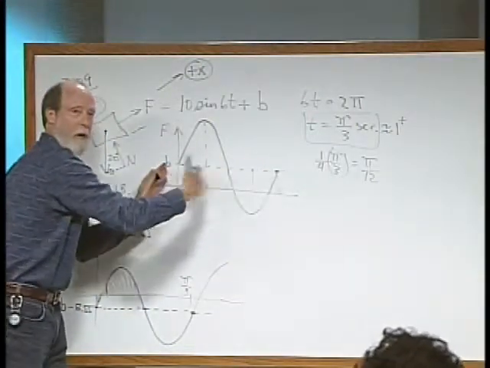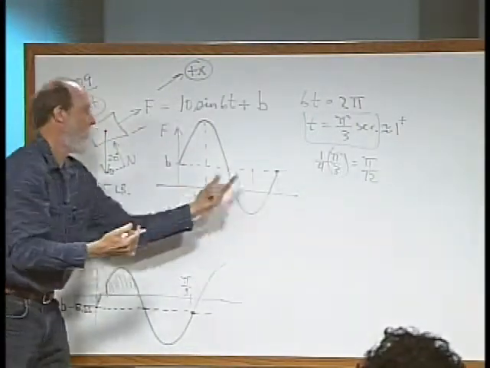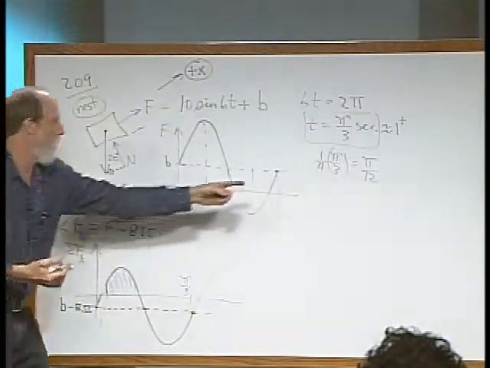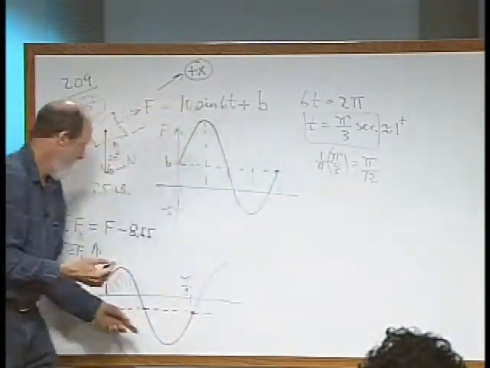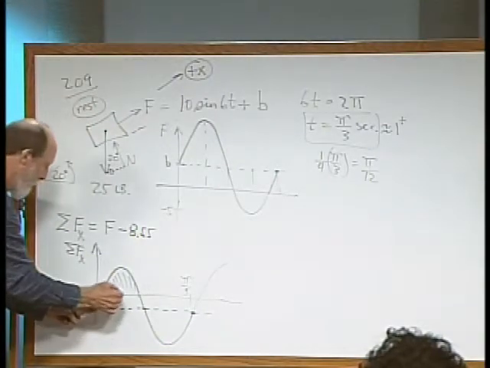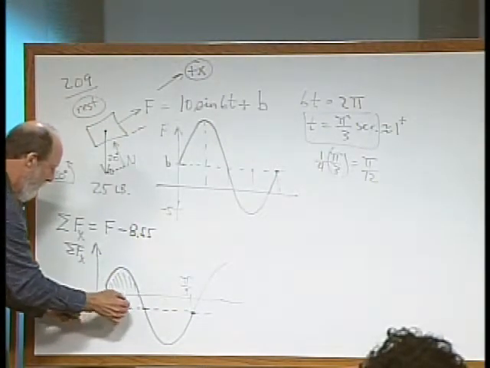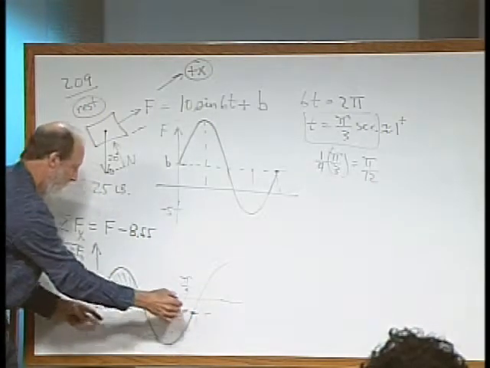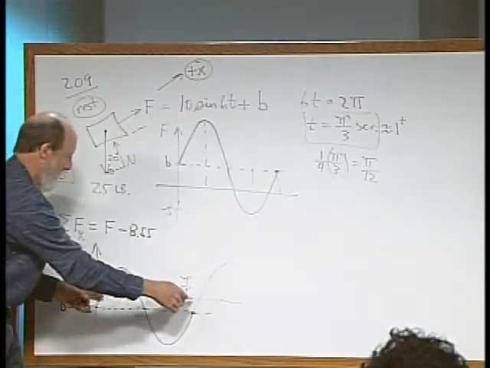When you break up a sinusoid. So quarter cycles on a sinusoid is useful. So pi over 12 is roughly a quarter. So it's roughly a quarter of a second from here to there to there.